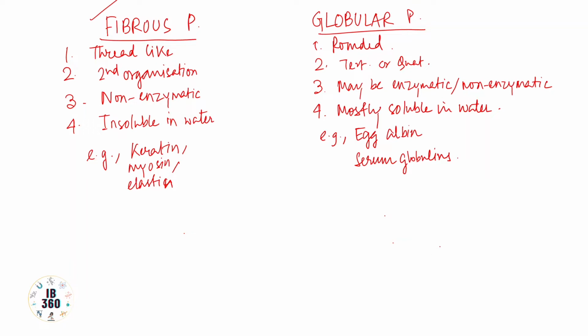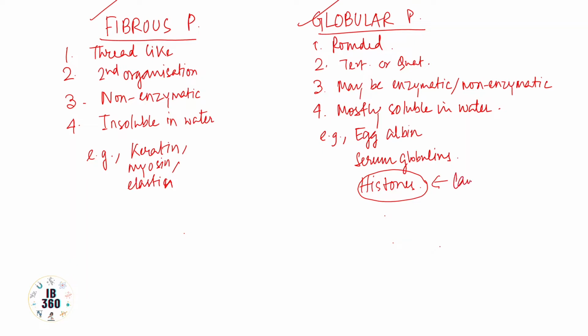Another aspect of globular proteins is they are not coagulated by heat. Larger globular proteins do get coagulated by heat, but smaller ones like histones, the histone proteins used in DNA packing inside the nucleus, are smaller globular proteins which can get coagulated by application of heat.